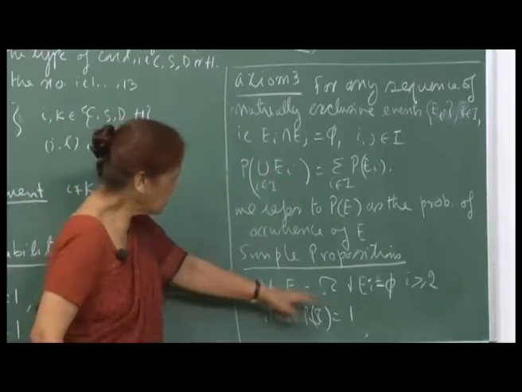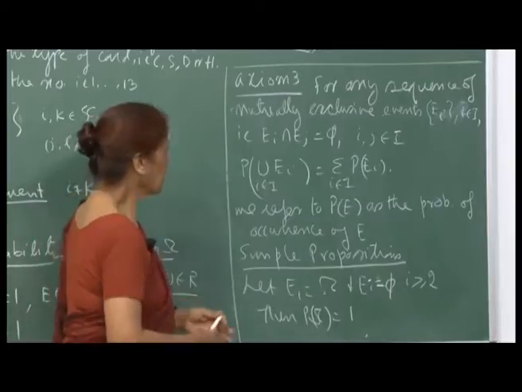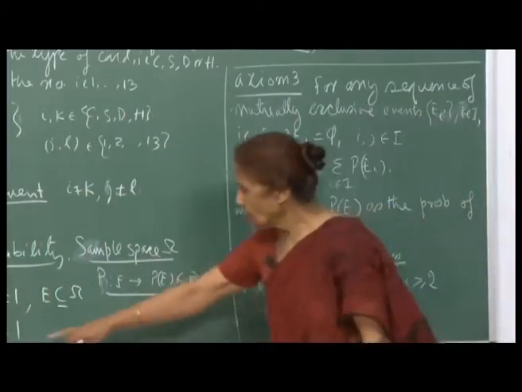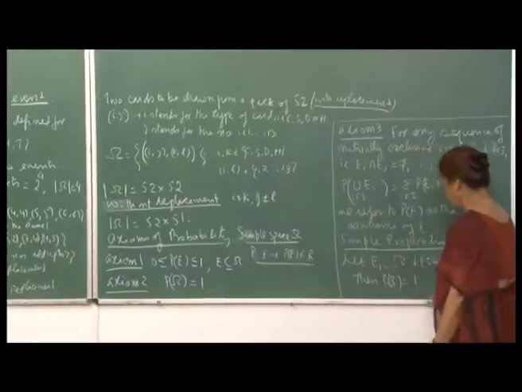So, the union gives you omega, and from axiom 2, P(omega) is 1. So, you get this.